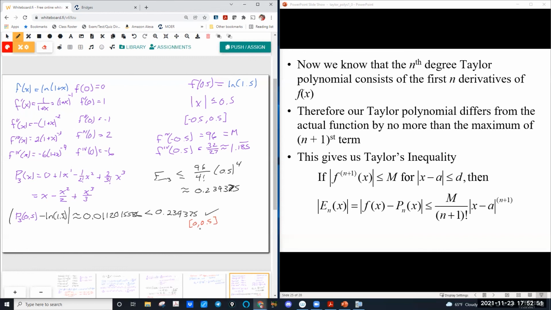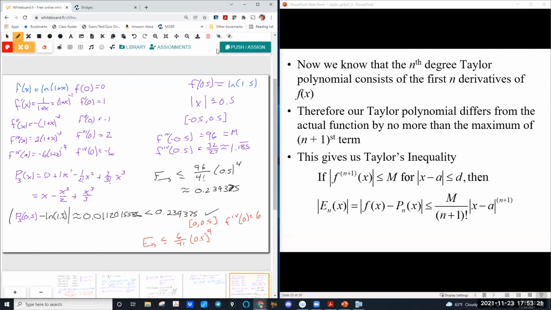Now, the only change that this makes is instead of checking this one, we do our 4th derivative at 0, which is really easy to calculate, which is 6, and we would use that for our M. So in this case, E sub 3 would have to be less than 6 over 4 factorial times 0.5 to the 4th.